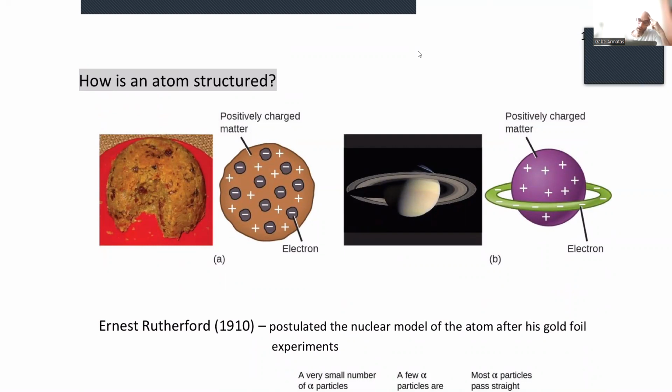Do I have positive bits of matter mixed together with these negative bits of electrons, because we've discovered the electron at this point? Or the electrons on the outside and the positive bits on the inside? And what's the magnitude of these things? Or does it look like a planet, where the mass in the middle is really large and the ring around the outside is small? Or is it all condensed into one little space?